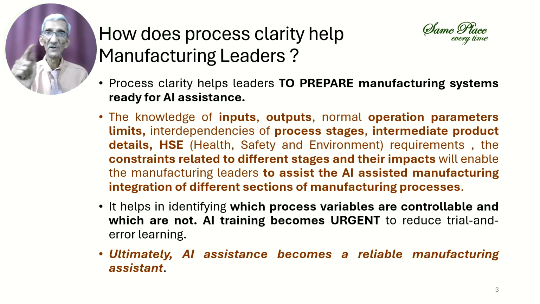Before AI senses that, we must be able to sense and tell: if this happens, do this. Feed it to the AI. So this is how process clarity is going to help the leaders.